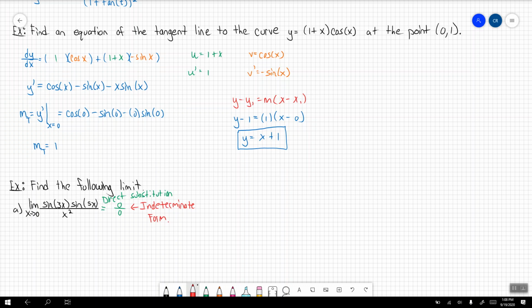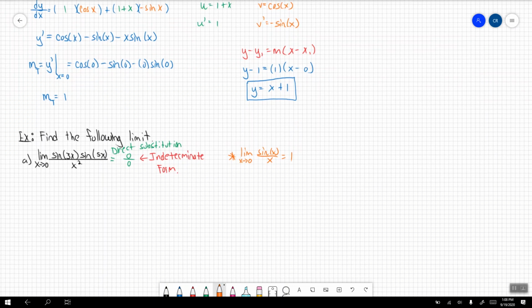There are a few options here, but one of the most prominent is this: because I see sine in the numerator for 3x and for 5x, I want to be on the lookout for the limit as x approaches 0 of sine of x divided by x, because I know that this limit is equal to 1.